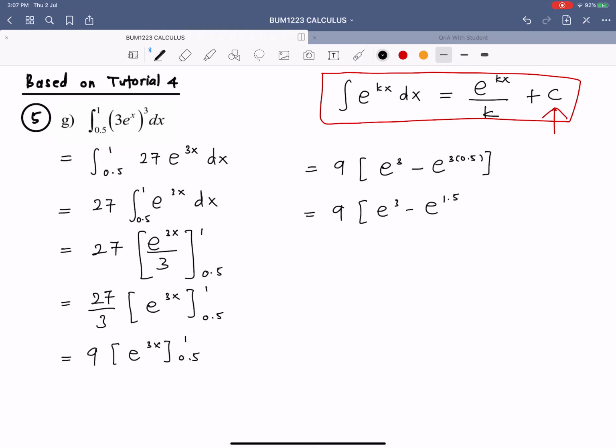Then this is equal to 140.4346, rounded off to 4 decimal places.